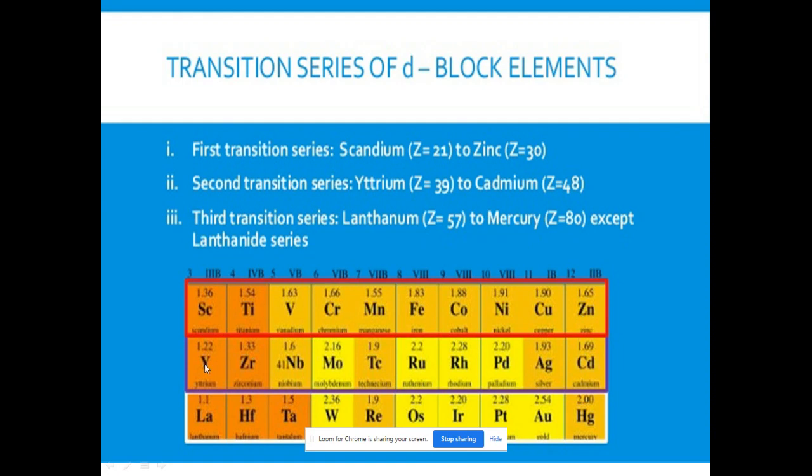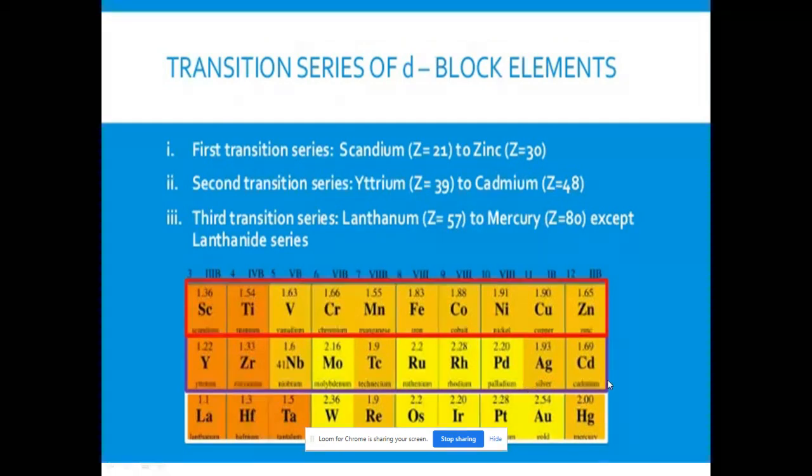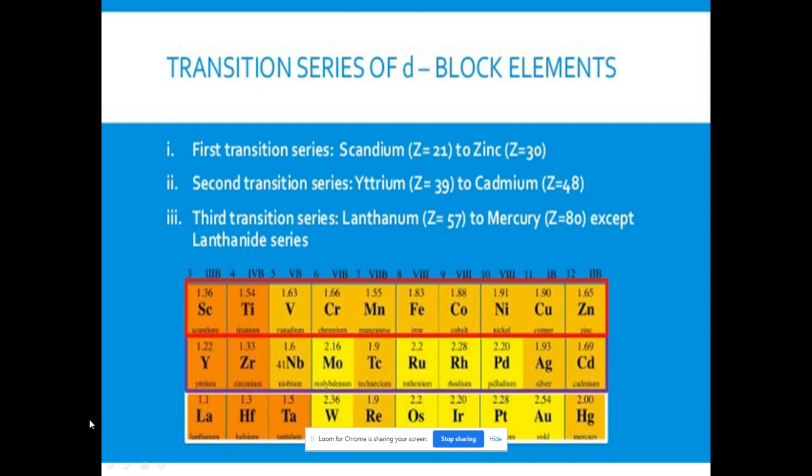Now the second transition series: yttrium, zirconium, niobium, molybdenum, technetium, ruthenium, rhodium, palladium, silver and cadmium. Now the third transition series: lanthanum, hafnium, tantalum, tungsten, rhenium, osmium, iridium, platinum, gold, mercury.